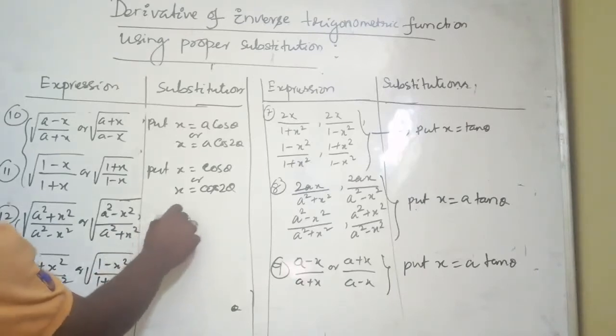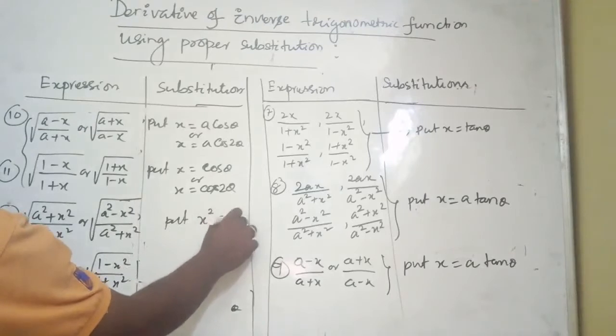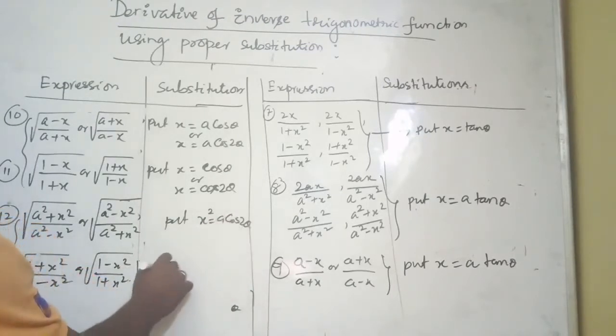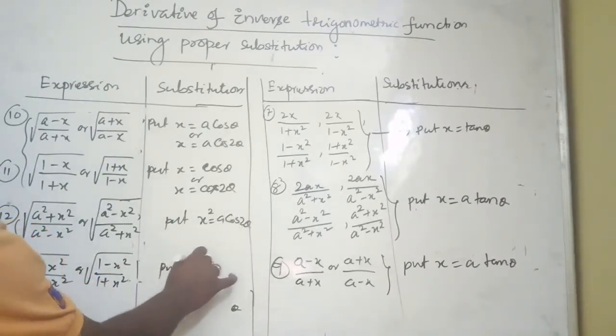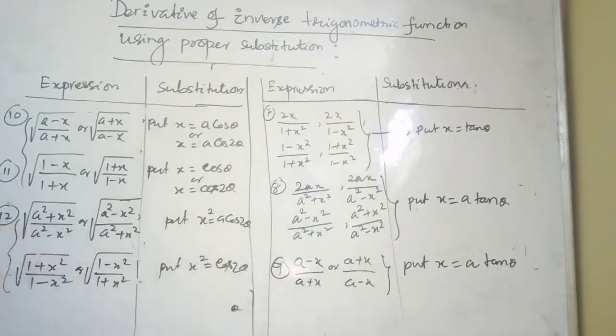This is put x square is equal to a cos 2 theta, or this is put x square is equal to cos 2 theta. Clear?